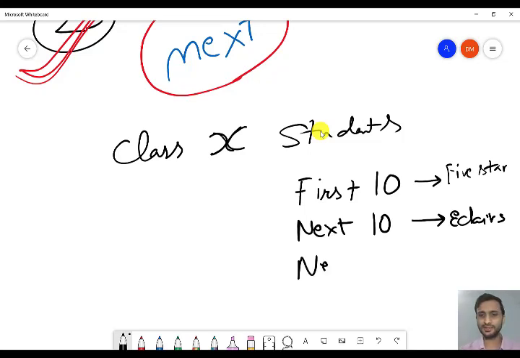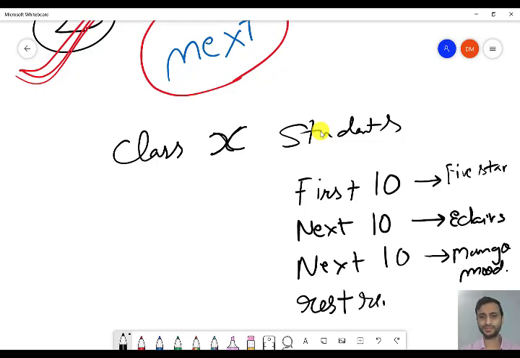Then again the next 10 students will get Mango Mood. The rest, meaning the remaining students, will get Poppins. So everyone got their copy where marks and rank are written.